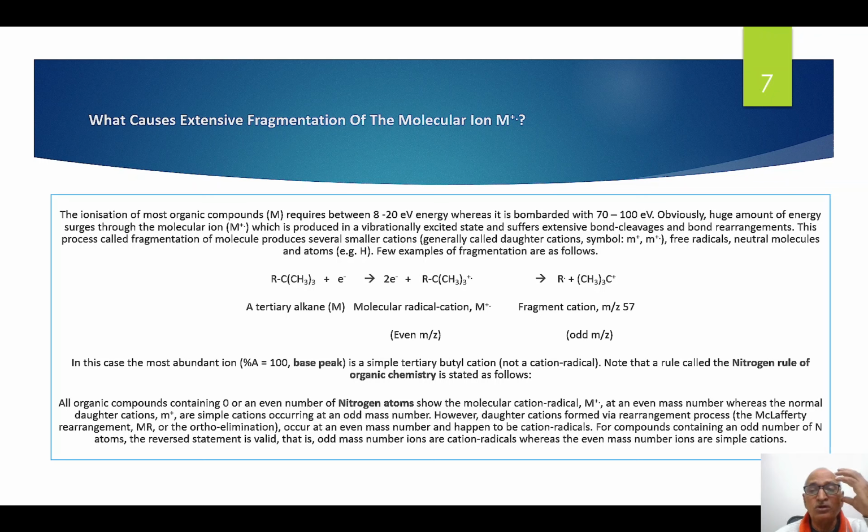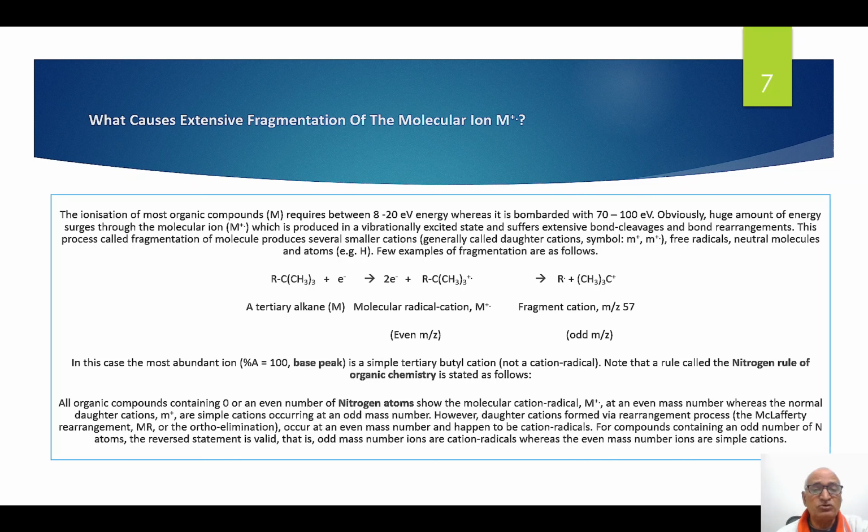Note that a rule called the nitrogen rule of organic chemistry is stated as follows. All organic compounds containing 0 or an even number of nitrogen atoms have even molecular mass, and they show the molecular cation radical at an even mass number, whereas the normal daughter cations are simple cations occurring at odd mass number.